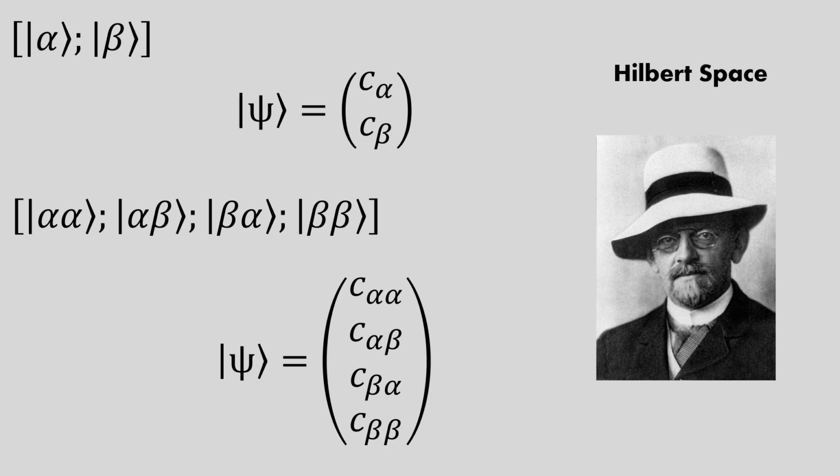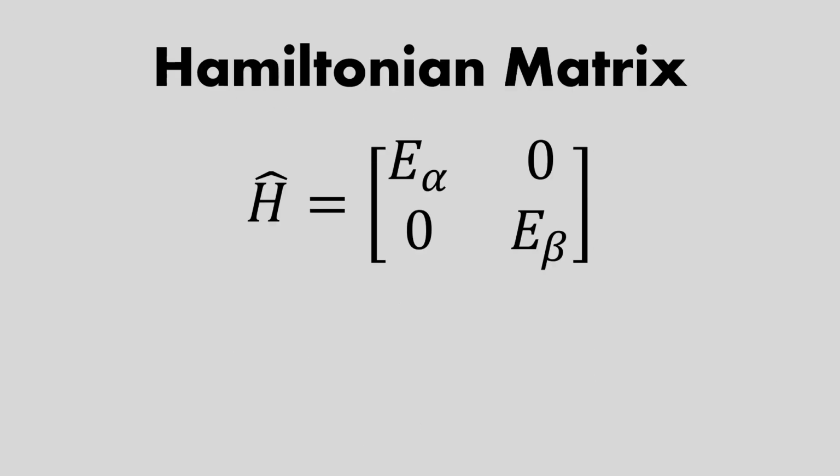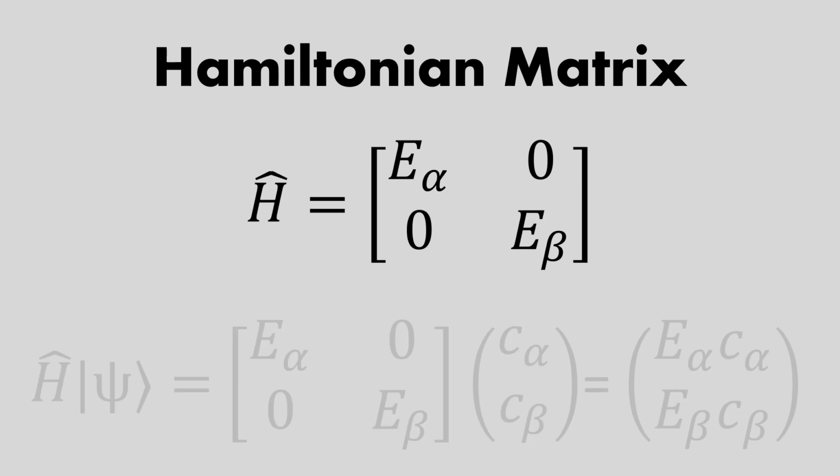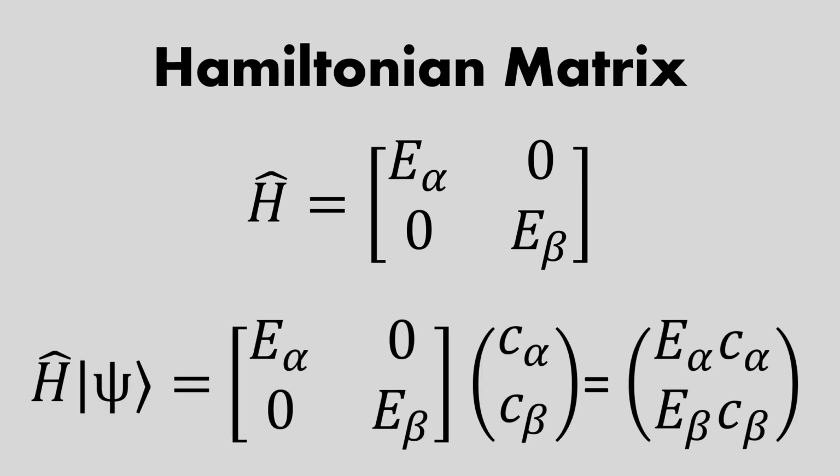And if our spin system is described by a vector, the operators that act on such a vector are going to be matrices, here representing the Hamiltonian matrix. And if we apply to the Hamiltonian our generic psi, we obtain the exact same result presented in the previous video.